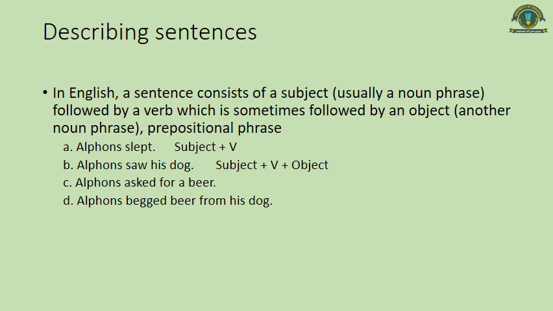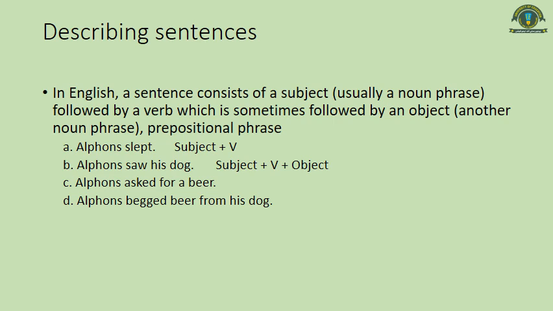In English, a sentence consists of a subject, usually a noun phrase, and that noun phrase is followed by a verb, which is sometimes followed by an object, or you can say another noun phrase, and another prepositional phrase, etc. For example, Alphonse slept.